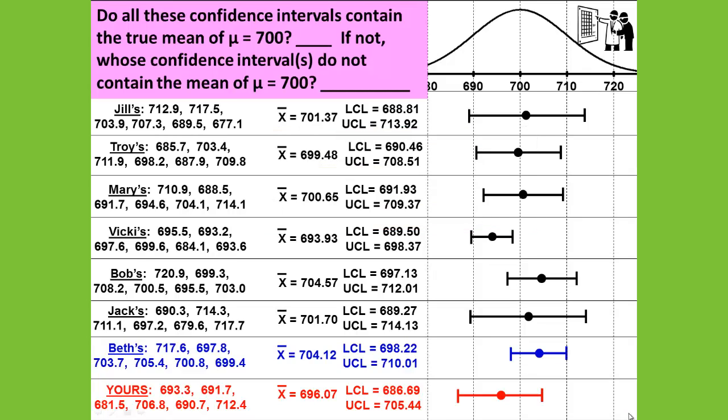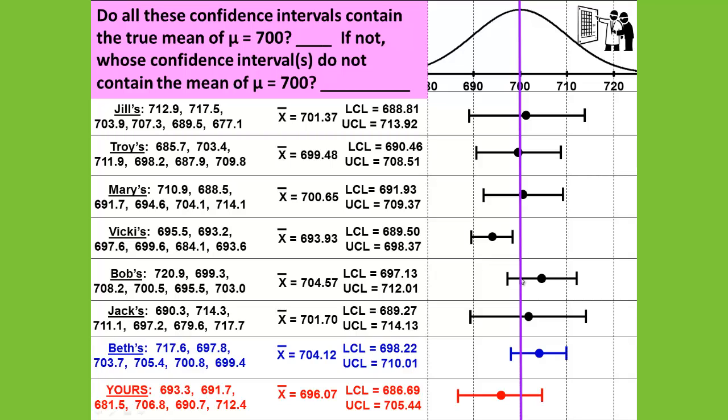Now, do all of these confidence intervals contain the true mean of the population, mu equals 700? Well, let's look at it. There's 700. Jill's interval does contain 700. Troy's interval does contain 700. Mary's interval does contain 700. Vicki's interval does not contain 700.